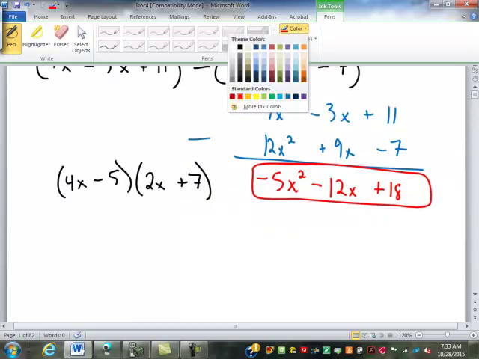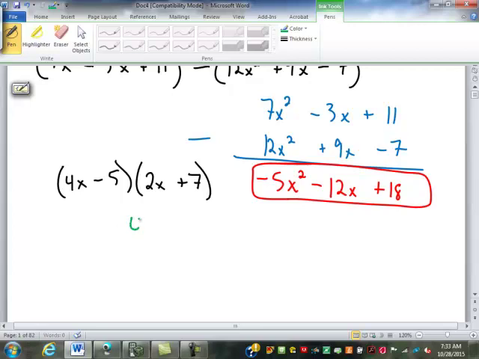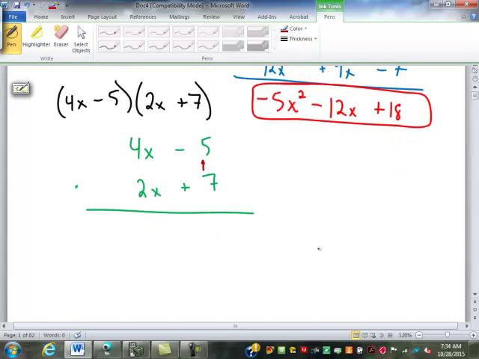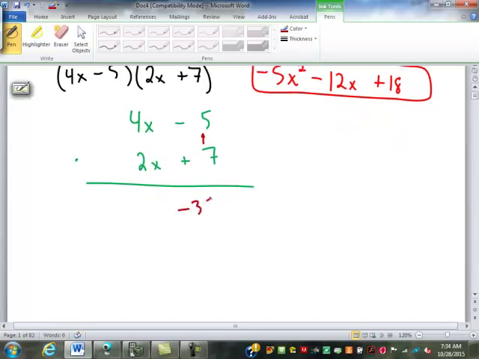Then the multiplication, doesn't really matter what order I put them in here. We're multiplying. 7 times negative 5, negative 35. 7 times 4x, 28x. 2x times negative 5, negative 10x.